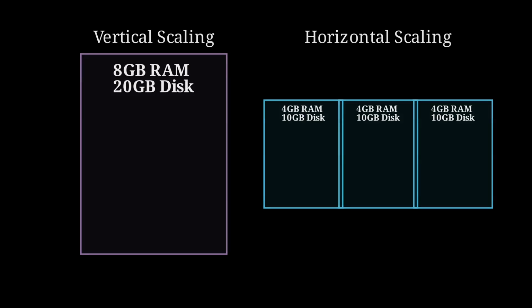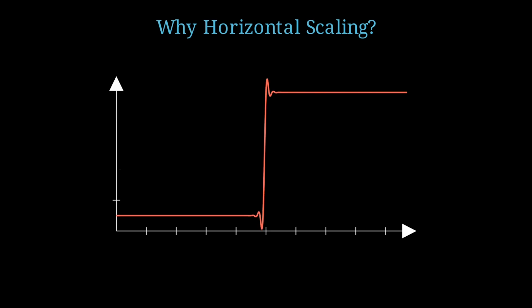Because if you do vertical scaling, the users will increase and you increase the capacities, but there is one drawback: even if you increase the capacities, you have a single point of failure. The server can crash at any time if the user base suddenly increases. It is very difficult to increase the capacities at the moment, and increasing the capacities is also costly.